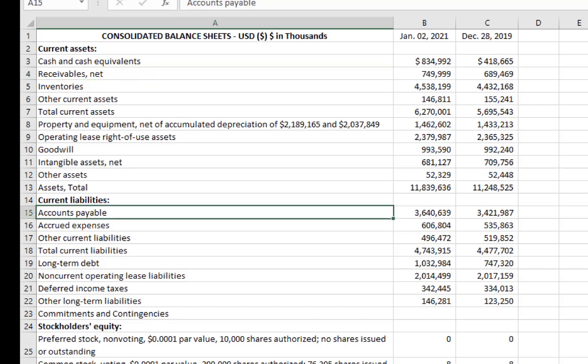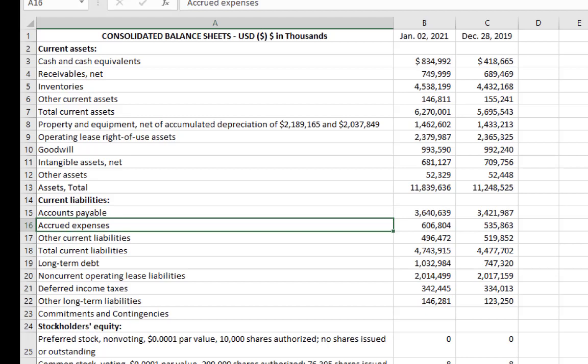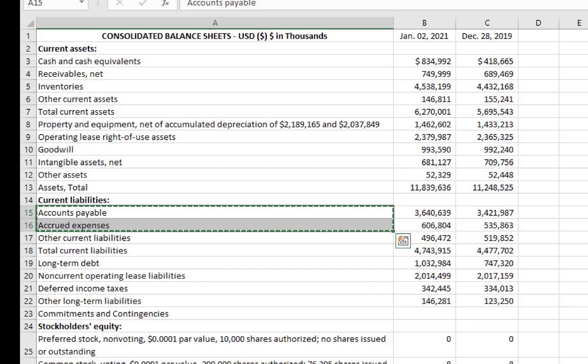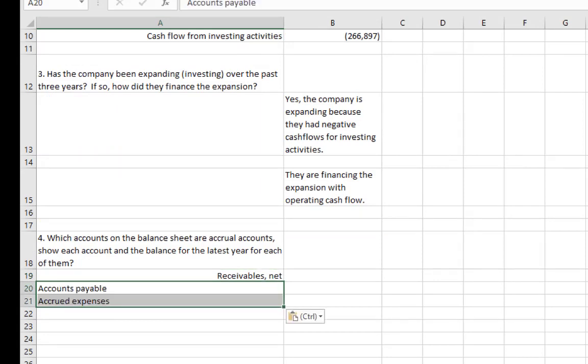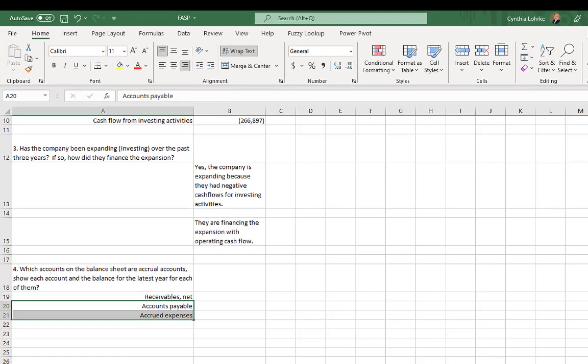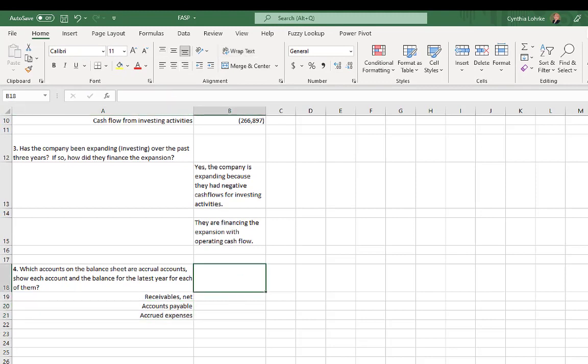Liabilities: accounts payable is accrued, and accrued expenses are accrued. So I'm going to copy these two, and I'm going to go over here to Chapter 2, and I'm going to click paste, and right justify. Now remember, I've got to go name these. Okay, we want the latest year.